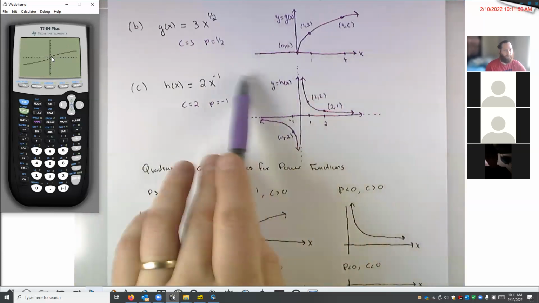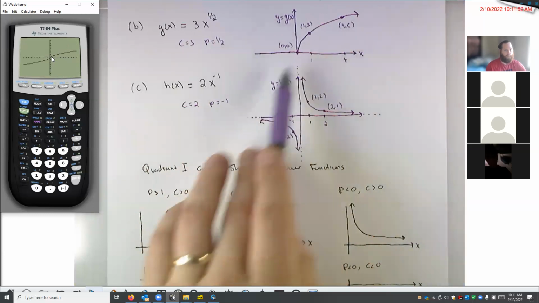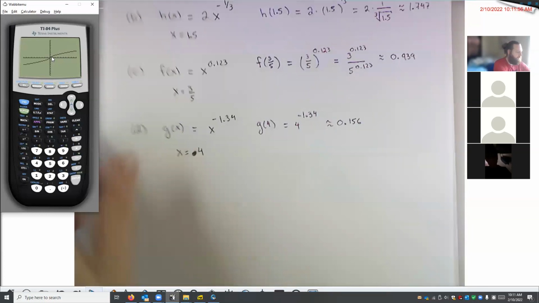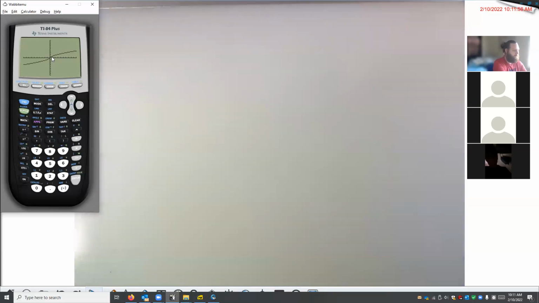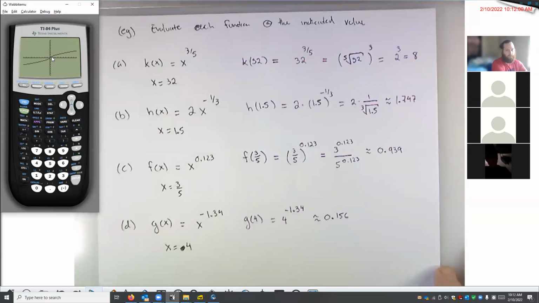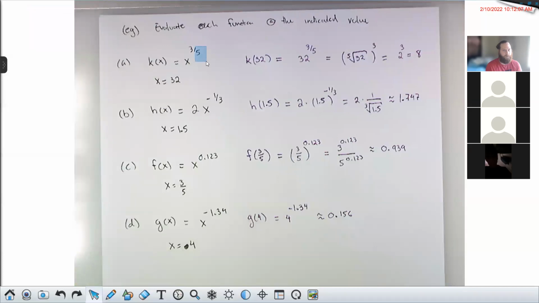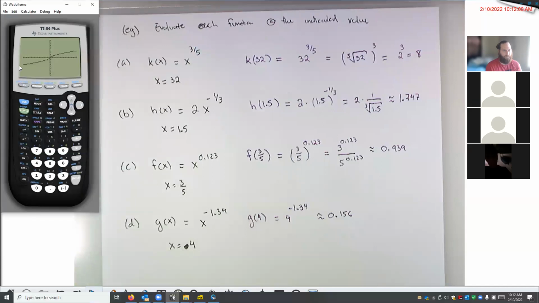This guy has that serpentine thing going on that I talked about, and that's because he's an odd root. It's the 5th root. If that was a 4th root, like 3/4 power, you would see a shape that looked exactly like the one we did on the previous page, just having this piece here. But if the downstairs power is odd, then you'll have this whole serpentine or S-shaped thing.